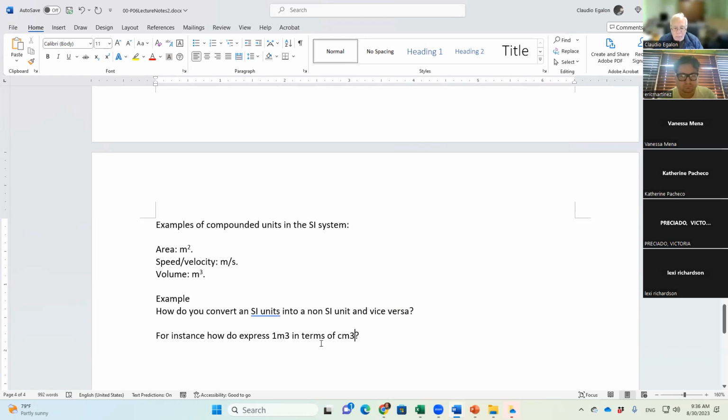Even better, I'm gonna do something simpler than that. I'm gonna do a square because cubic is a problem a little bit more difficult, okay? Think about how you're going to do that.